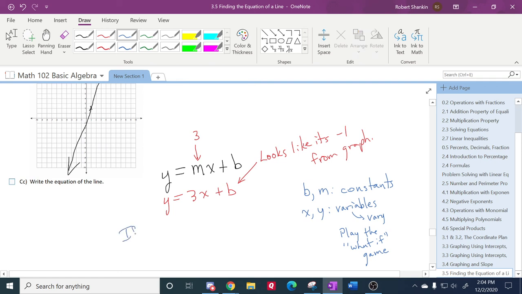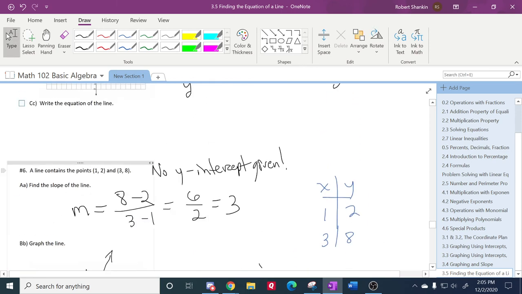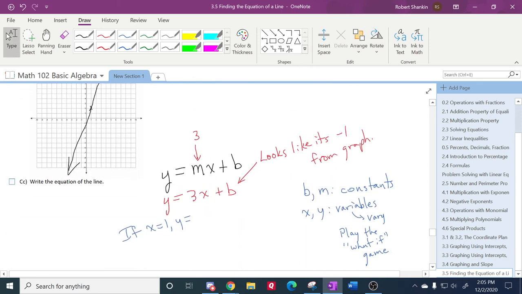If x is 1, y is, let's look back up here, x is 1, y is 2. We're going to plug those in. The 1's going to go into here, the 2 is going to go in there.